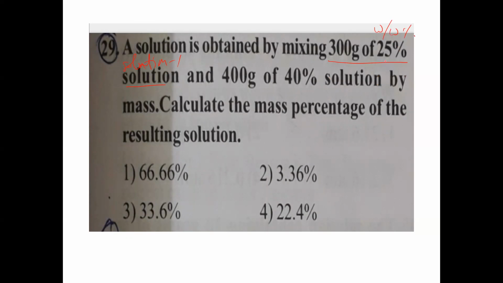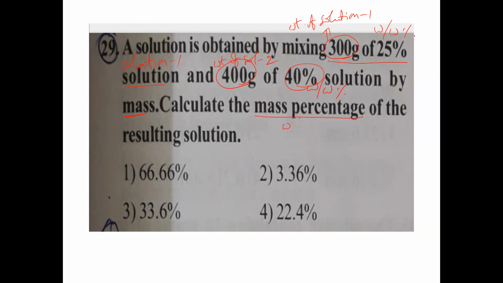The weight of the first solution is 300 grams, and the W by W percentage is 25%. Then the weight of the second solution, weight of solution 2, and what is the W by W percent of the second solution? 40% by mass, W by W percent. Calculate the mass percentage.